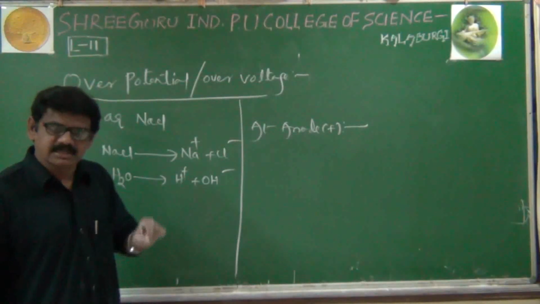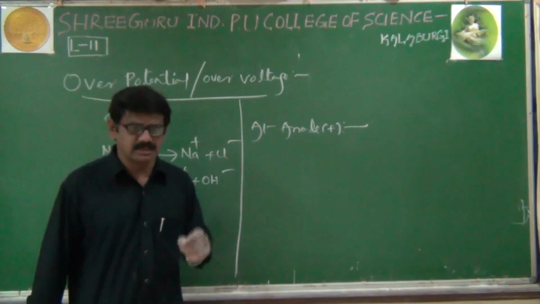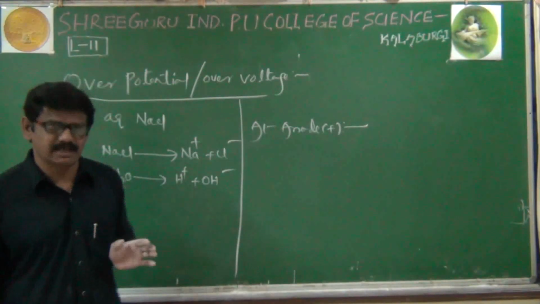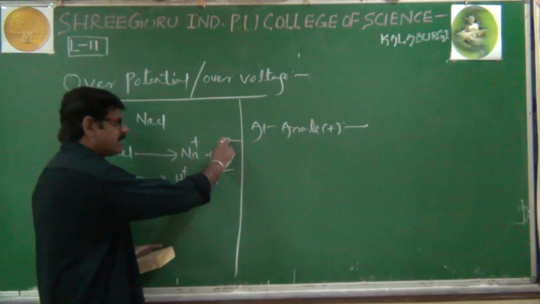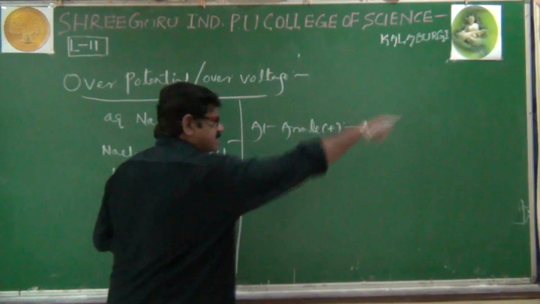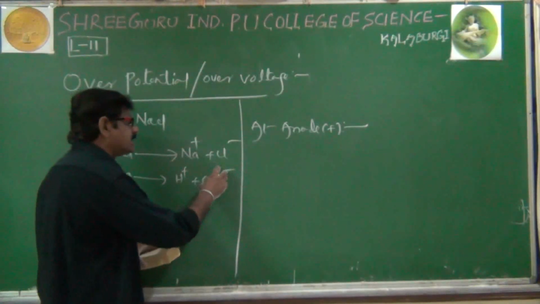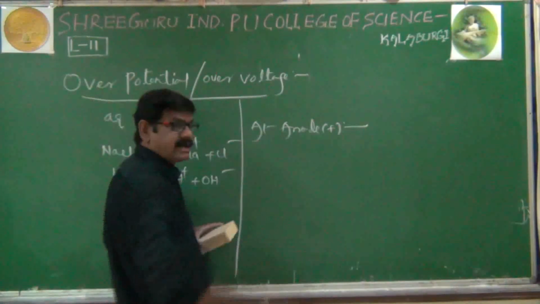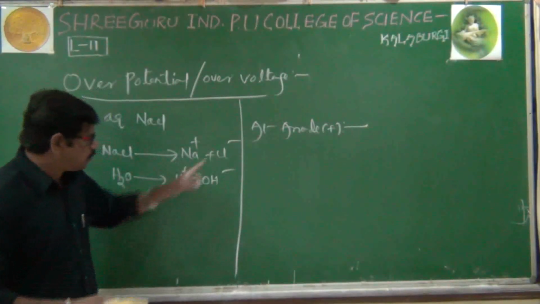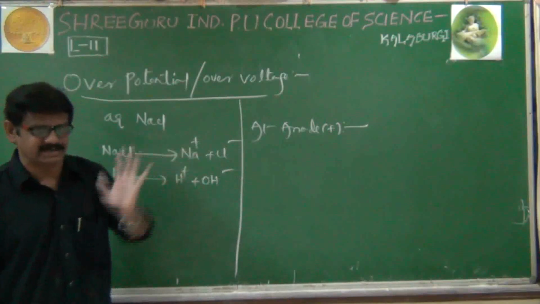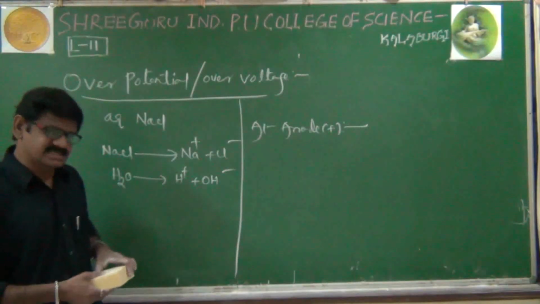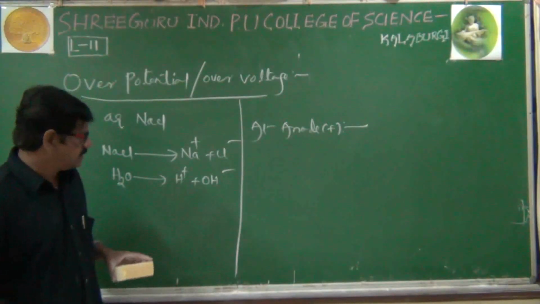But now we are discussing what over potential is. For that purpose, I will first write both the Cl- ion related oxidation reaction and the OH- ion related oxidation reaction. After that we'll decide which is possible and which is not.